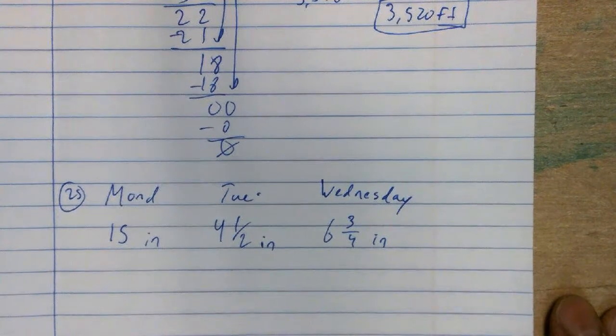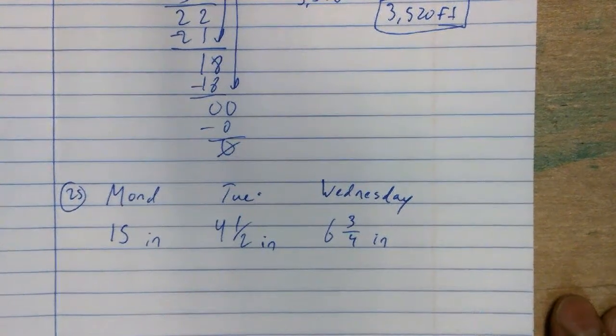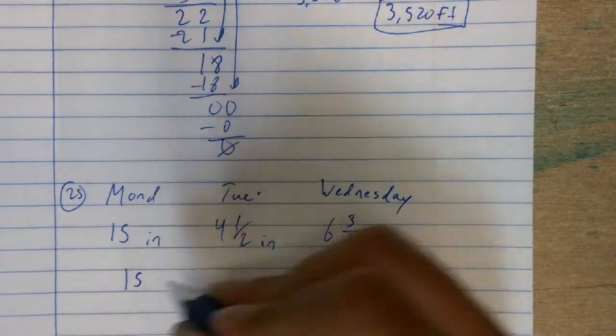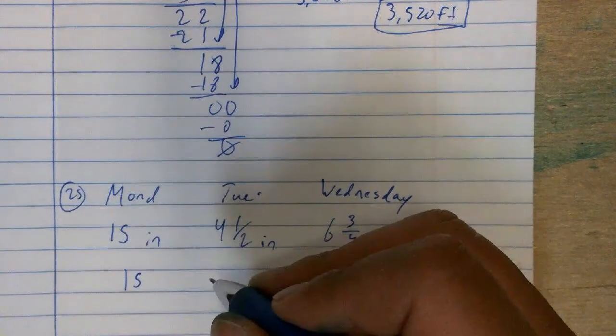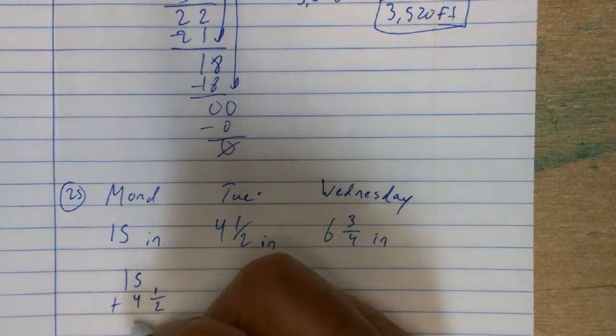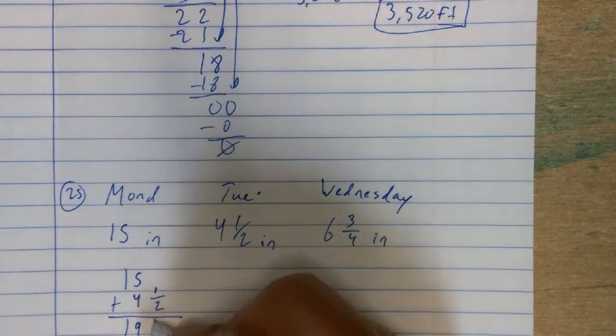All right, so you got to add all this and figure, well, how many inches of snow did you get? All right, well, 15 plus 4.5. That's 19.5.